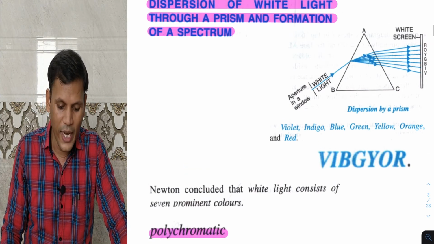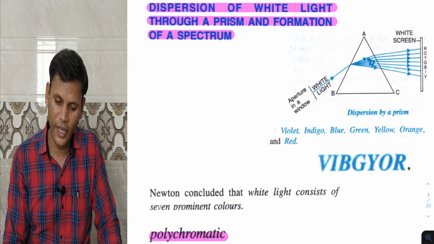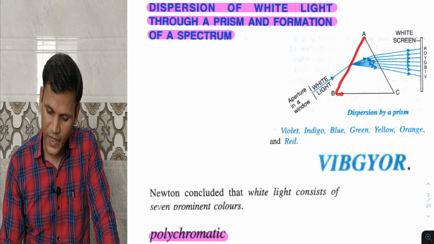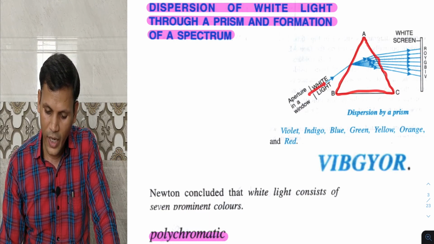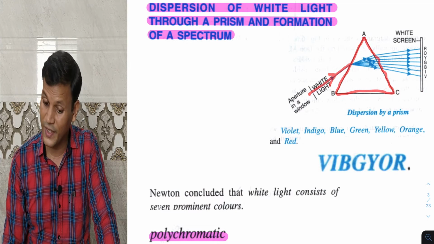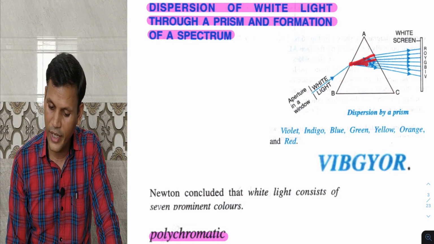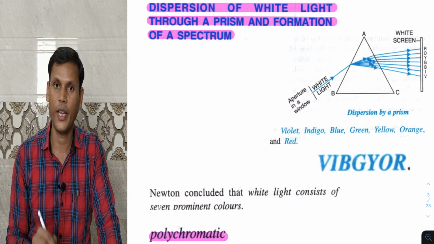Okay, so as we can see in this part, the dispersion definition we will see later on. तो यहां पे हम लोग देख रहे हैं कि ये प्रिज्म है. This is the prism ABC, and through the prism we are passing the white light as it is incident. यहां पे white light जो है वो 7 constituent parts में split हो गया.